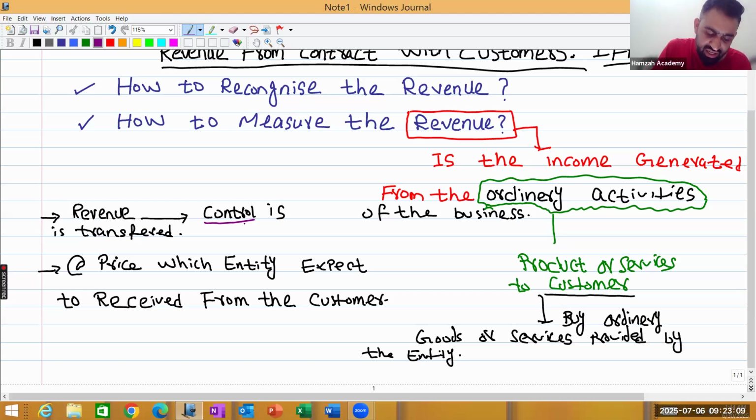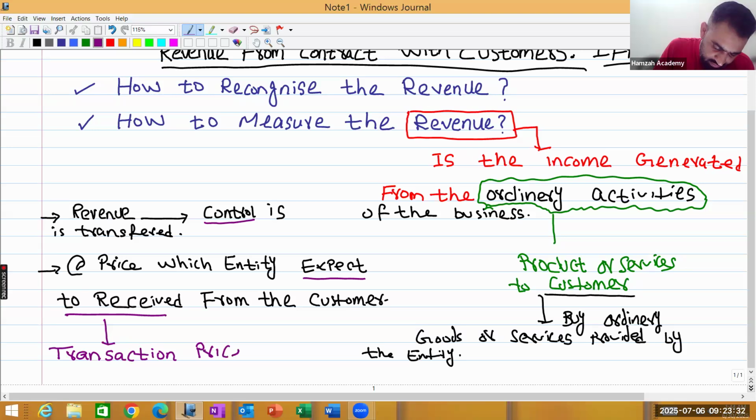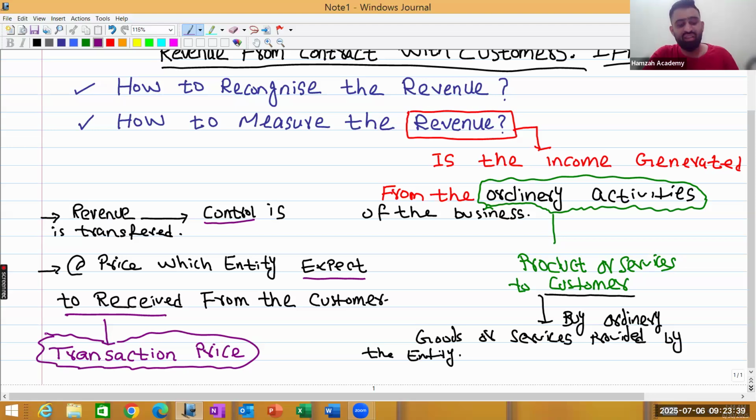The price which the entity expects to receive from the customer is known as the transaction price.